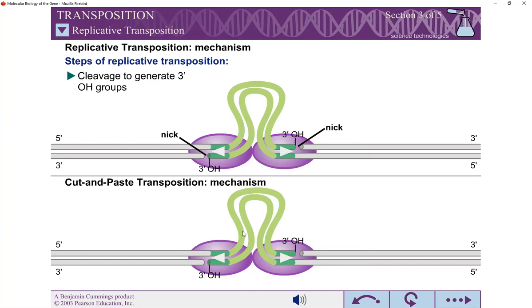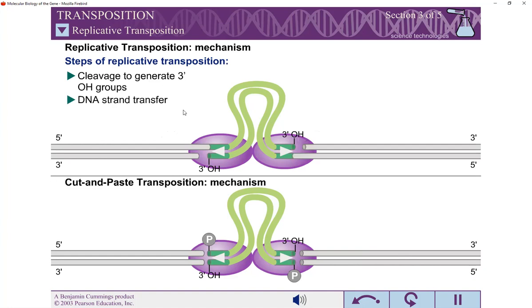Here, what will happen? Both the double-stranded DNA molecules will move to a new site on a homologous DNA molecule. From here, one strand will go to the other DNA, and from here both strands will move to the other target DNA. In contrast to cut and paste transposition, the transposon DNA is not excised from its initial location.